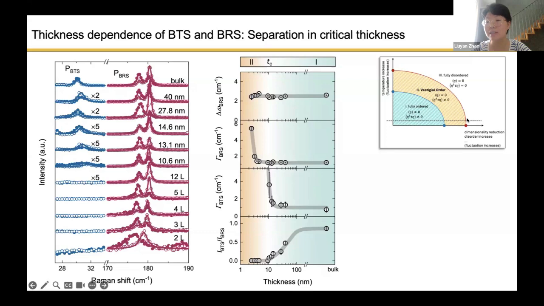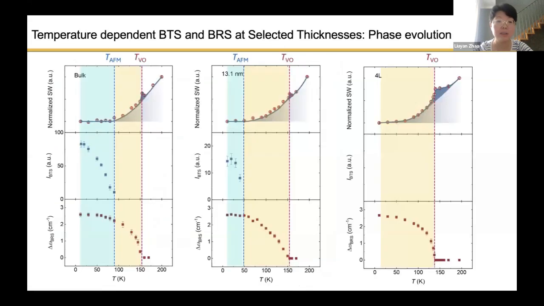Okay. So then we do a sort of harder work because we want to construct the phase diagram. The harder work is that we do temperature dependent measurements for a few different thicknesses. For the bulk, we can clearly see we have the 3 regimes that are separated by the 2 temperature scales.